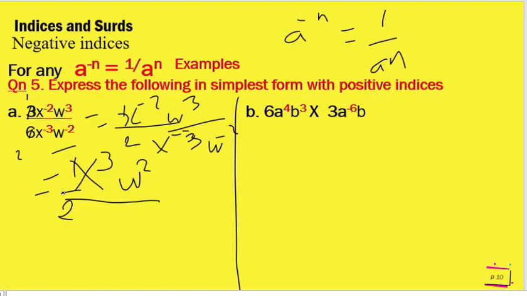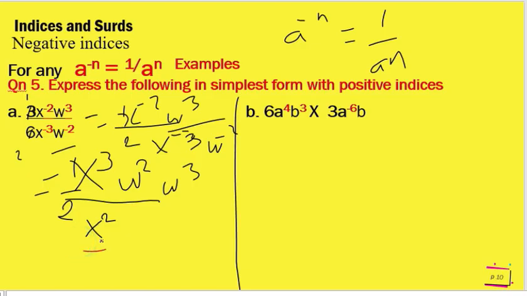That is now the reciprocal. We are doing the reciprocal. That is 2, and then W will remain there because W is positive, so W power 3 will remain at the top because it's positive.